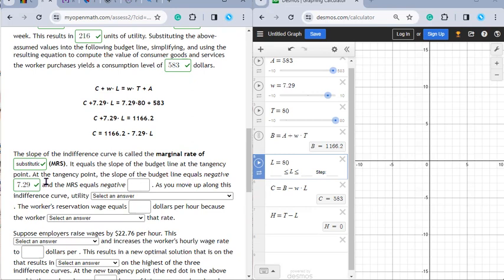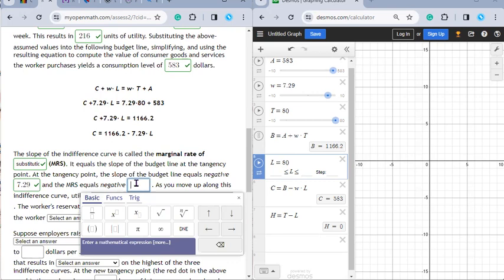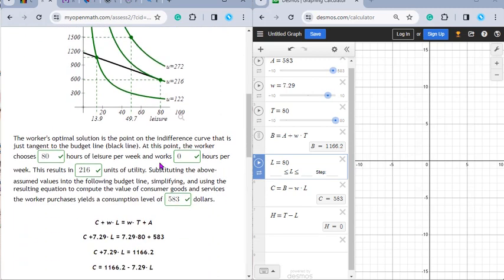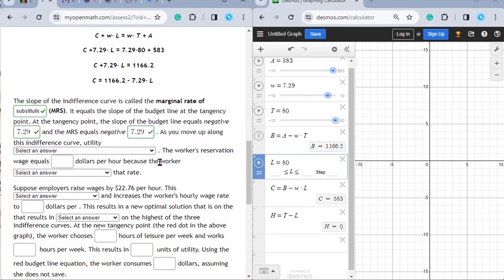And the marginal rate of substitution, the slope of the indifference curve, is equal to negative 7.29. Because at that point, they're basically the same line when you zoom in. When you zoom in on this point, the curve looks a lot like the budget line. So they're parallel at that point.